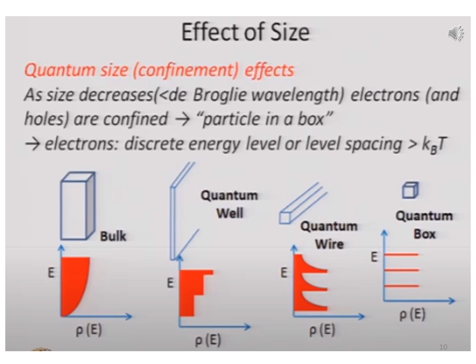So how are they affected? In the case of a quantum well, you can see that the shape of this curve now has a step-like feature. In a quantum well, one dimension is very small, so you can say it is a nanomaterial, because one of the dimensions is in the nanometer range, and the other two dimensions are not nano sized.